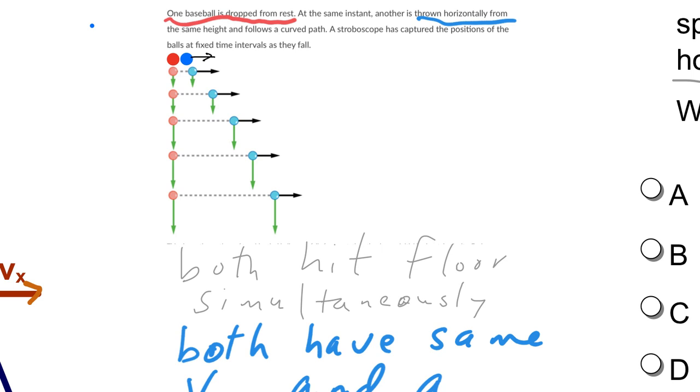So wait, this is a strobe light. It's flashing, let's say, every 10th of a second in a dark room, and your camera is trying to take a picture of this, and so the shutter stays open on your camera.